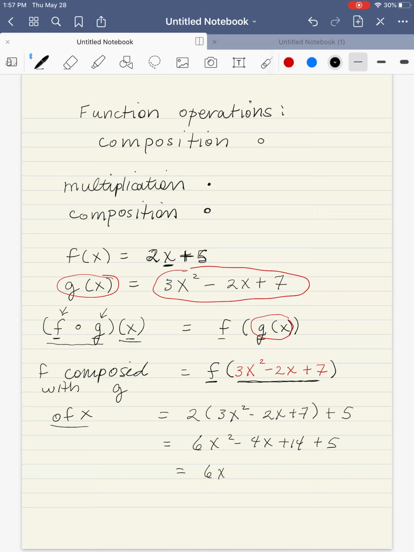And then combine like terms. So we have a new function here. F composed with g of x is equal to 6x squared minus 4x plus 19.